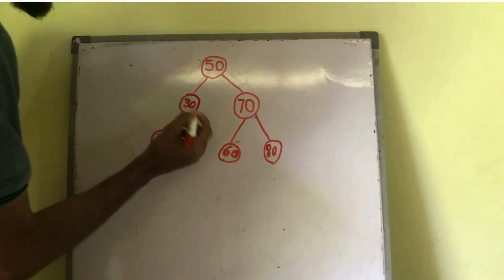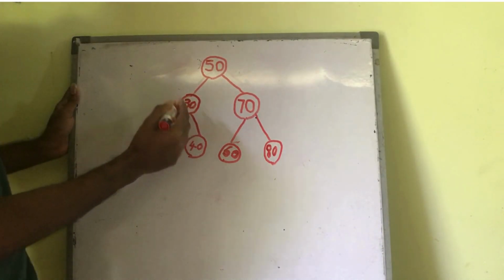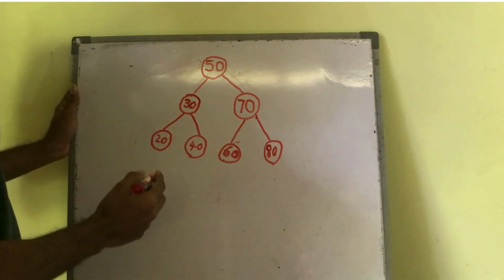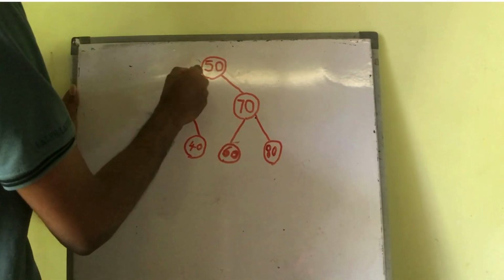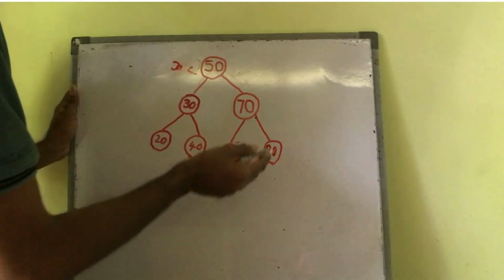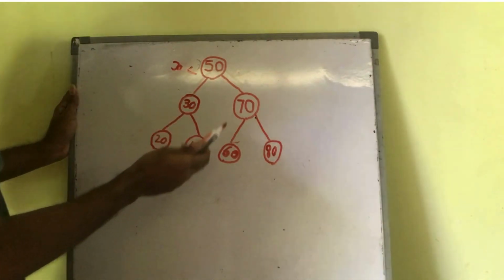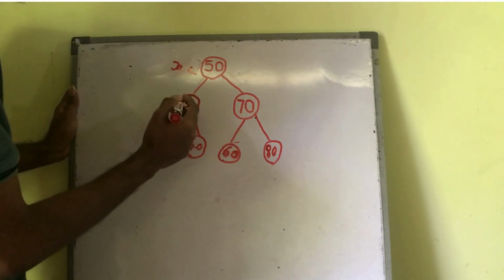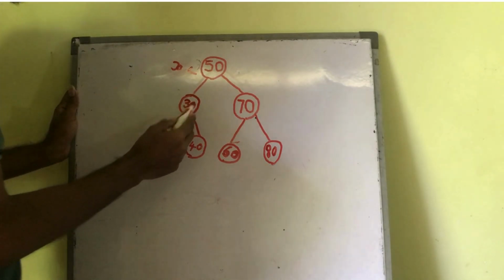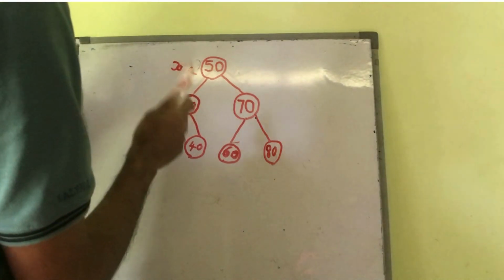I'm going to show you how to delete the 30 node. We go to the root element. 30 is less than 50, so that is the left side. You can find the 30 element in here, and we need to delete this 30 element.